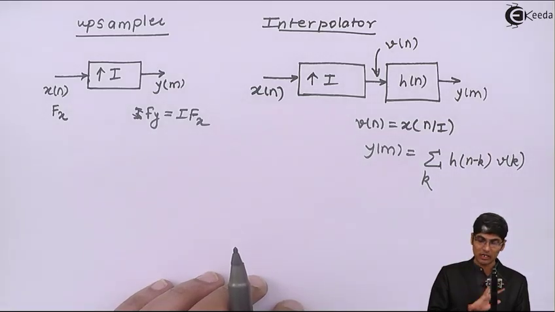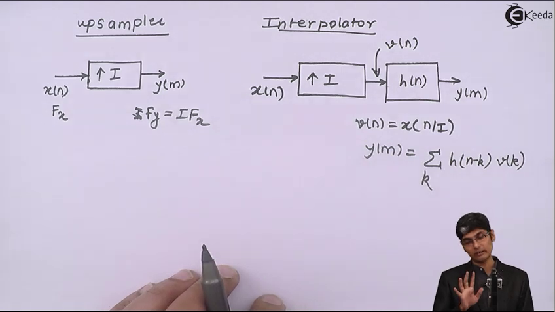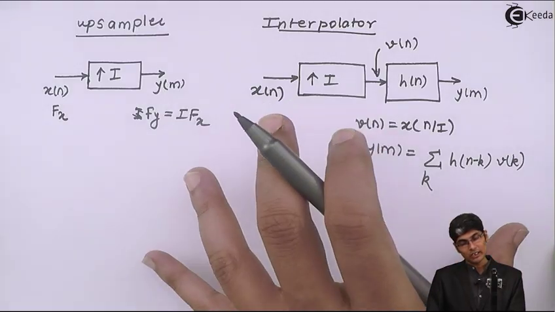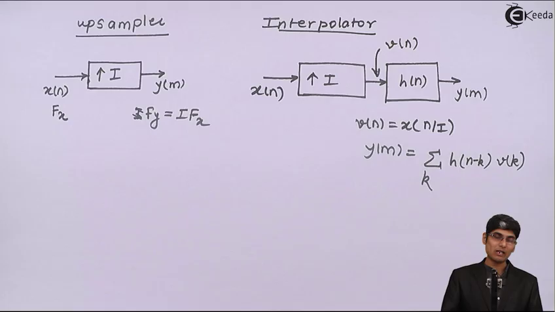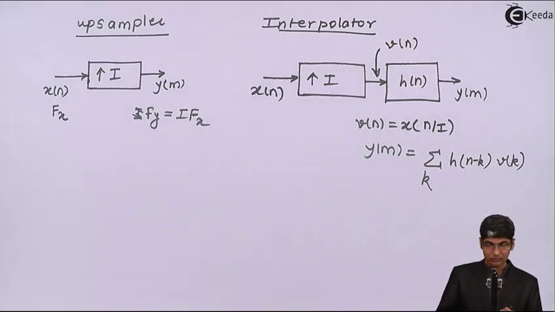They are at the same sampling rate. But x of n and v of n are not at the same sampling rate, they are at different sampling rates. Here I have increased the sampling rate.